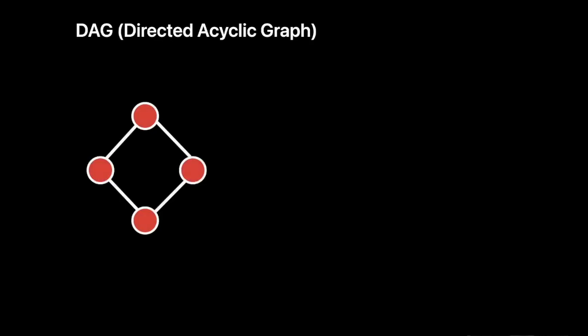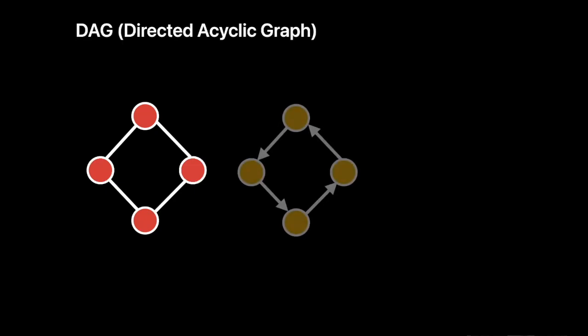Git's commit history is implemented as a directed acyclic graph, or DAG for short. In data structures, a graph consists of nodes and edges. This diagram represents a graph. The round parts are nodes, and the nodes are connected by lines called edges. This graph has nodes and edges, but no direction. This graph has directions, but it's a cyclic graph.